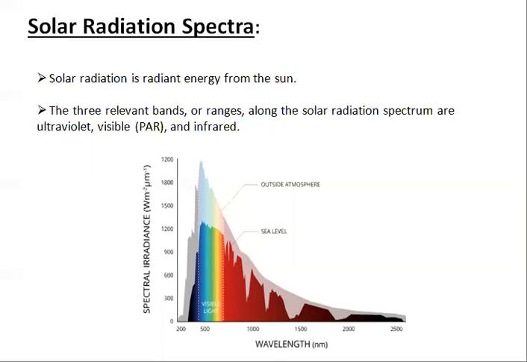We can measure solar radiation using wavelength cycles, measured in nanometers from peak to peak. The shorter the wavelength, the more energy it has. Blue light has more energy than red light, and solar radiation is measured in wavelength or frequency.